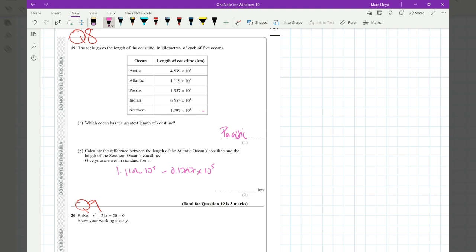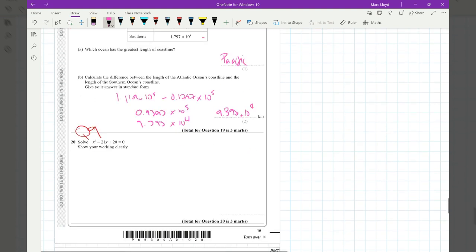Now we subtract, so 1.119 minus 0.1797 gives me 0.9393 times 10 to the power of 5. If we times this one now by 10, we've got to divide this one by 10, giving us 9.393 times 10 to the power of 4.